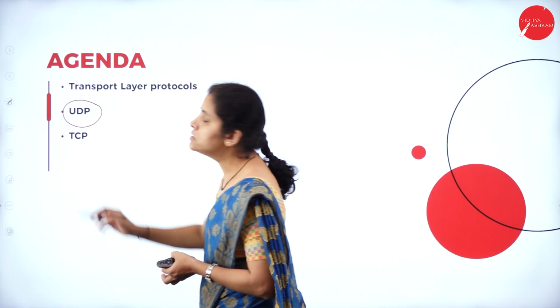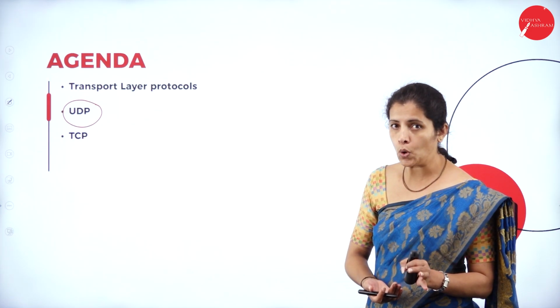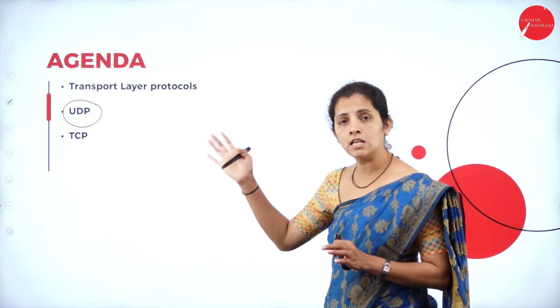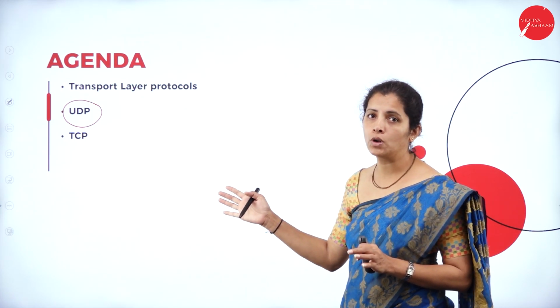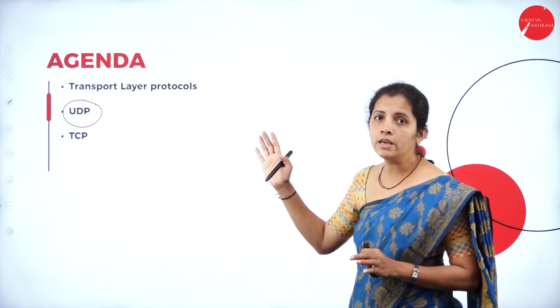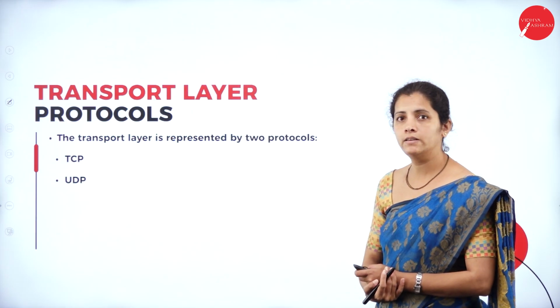So what is UDP? That is User Datagram Protocol, as well as TCP, that is Transmission Control Protocol. These are the two most commonly used protocols of the transport layer.